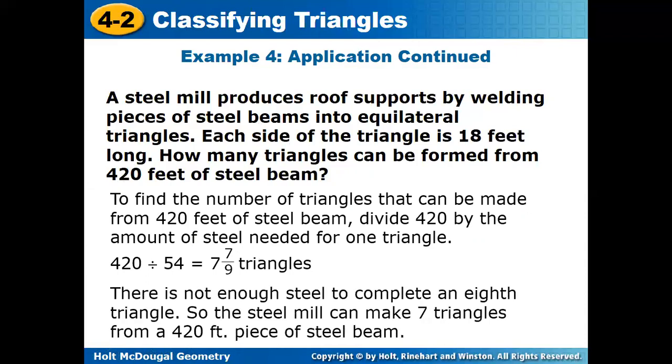There is not enough steel to complete the 8th triangle. So the steel mill can make only 7 triangles from 420 feet. I cannot say that the number of triangles is 7 and 7/9, and I will not approximate it. So we can form only 7 triangles.